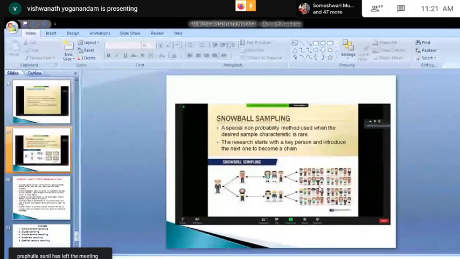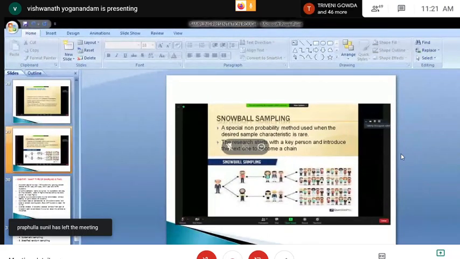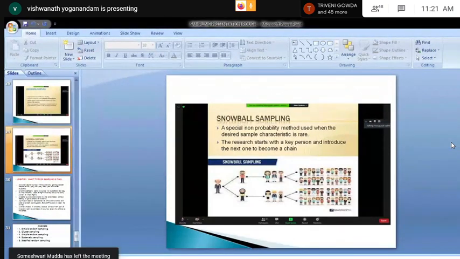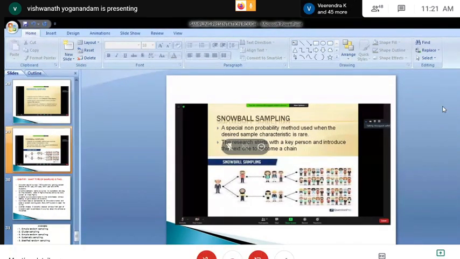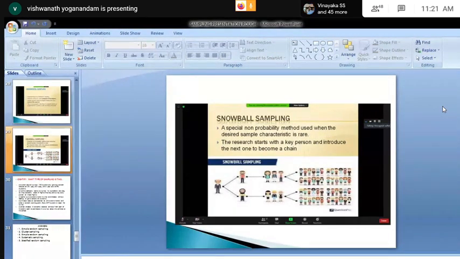Next one is snowball sampling. For example, you want to find out somebody using a special perfume. You may not get the data so easily. What you will do is find one person first, and after interviewing him, you will ask whether he knows anybody else who is using the same kind of perfume.